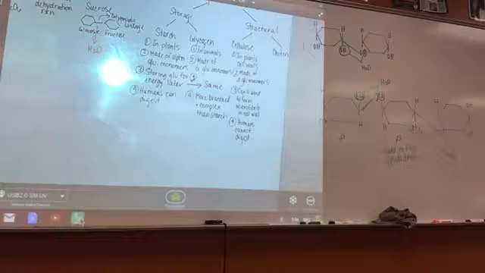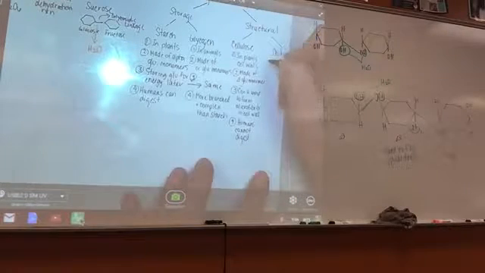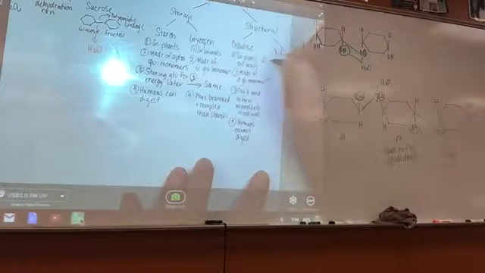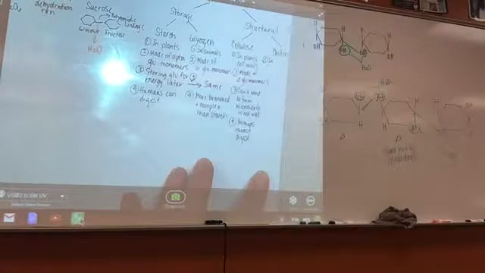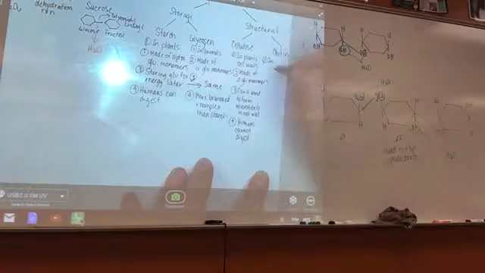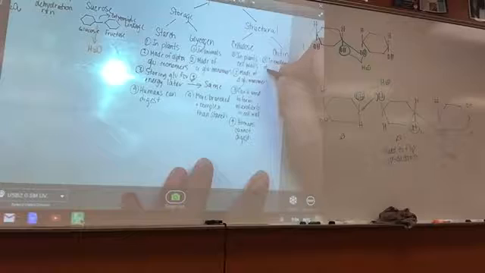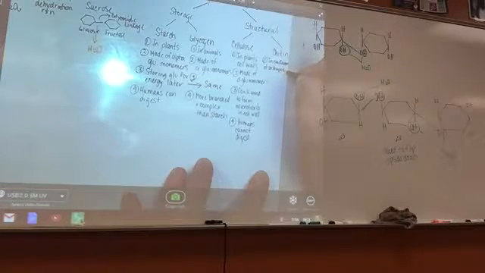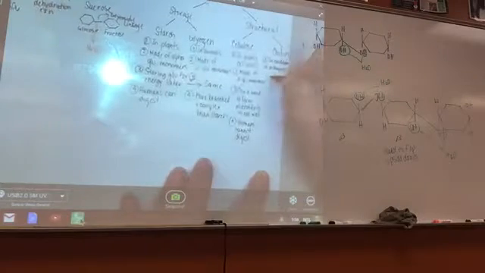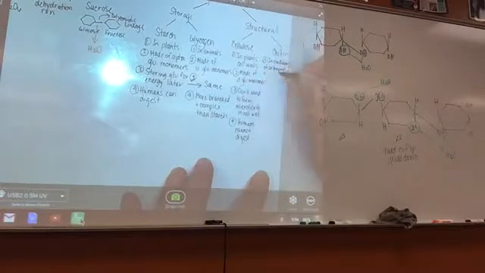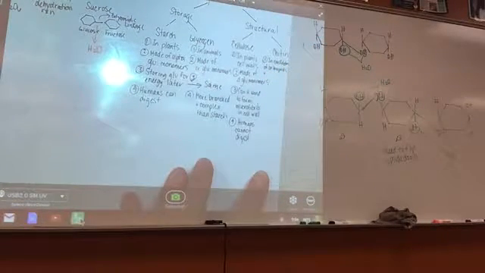And lastly, we have chitin. This is found in two places. What do we call the outside skeleton? Exoskeleton. The exoskeleton of arthropods, like that cicada bug. And where was the second place? Fungus.